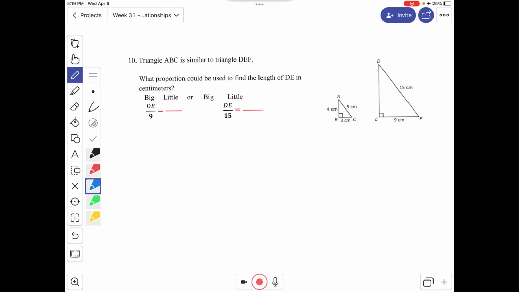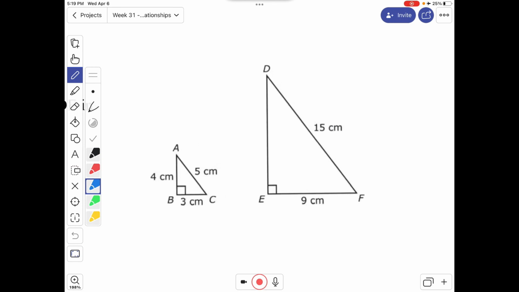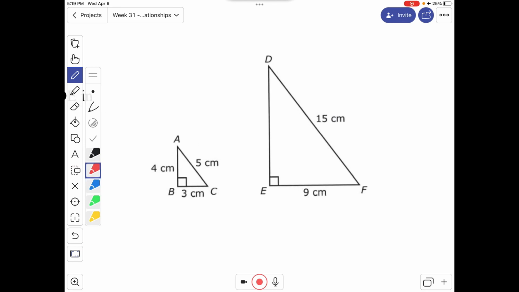Number 10, triangle ABC is similar to triangle DEF. What proportion could be used to find the length of DE in centimeters? So it's basically the same problem, different letters, different numbers. A matches with D, B matches with E, C matches with F, and then the sides match with those sides.